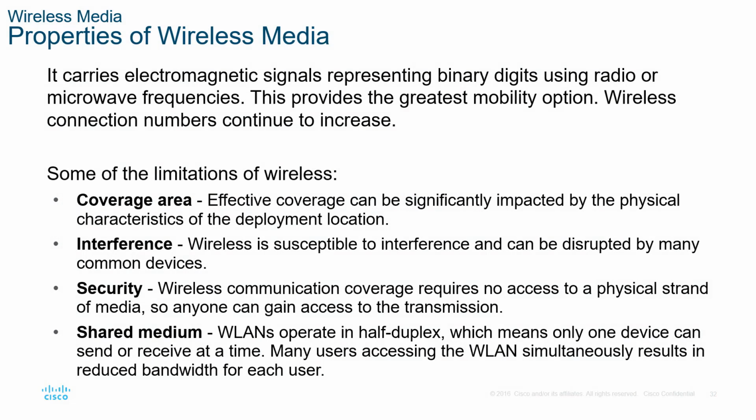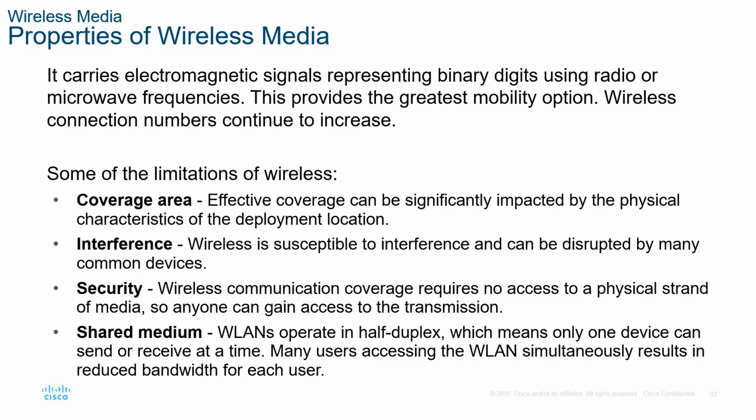Moving on to our wireless networks, our wireless media. Again, wireless will carry an electromagnetic signal representing binary through the airwaves, and provides greater mobility. Limitations are going to be how far the wireless can go, the coverage area. If there's anything interfering with that, that's interference.